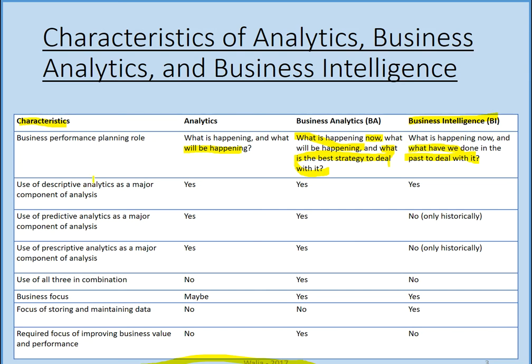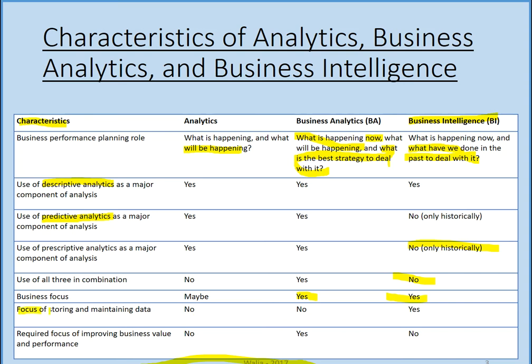All these three fields use descriptive analytics. Predictive analytics is mainly used in the business analytics field, not BI. Prescriptive analytics, again, not in BI. The three combinations, not in BI. Business focus is only in business analytics and BI.